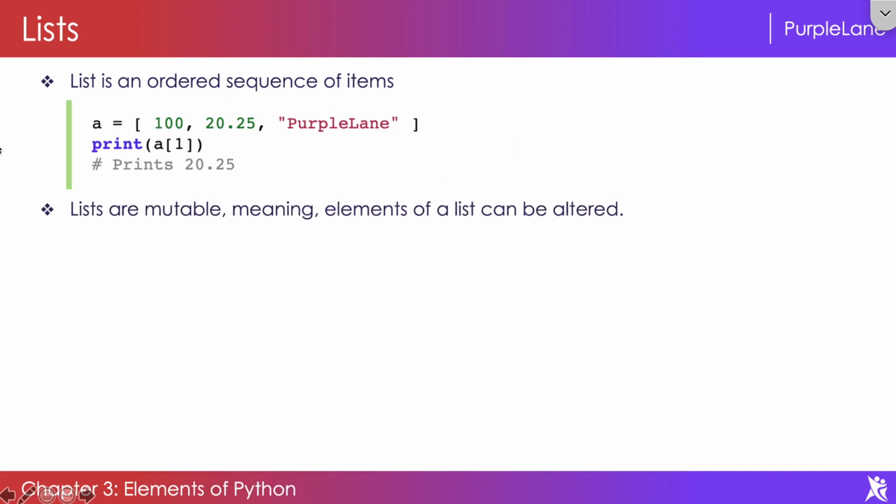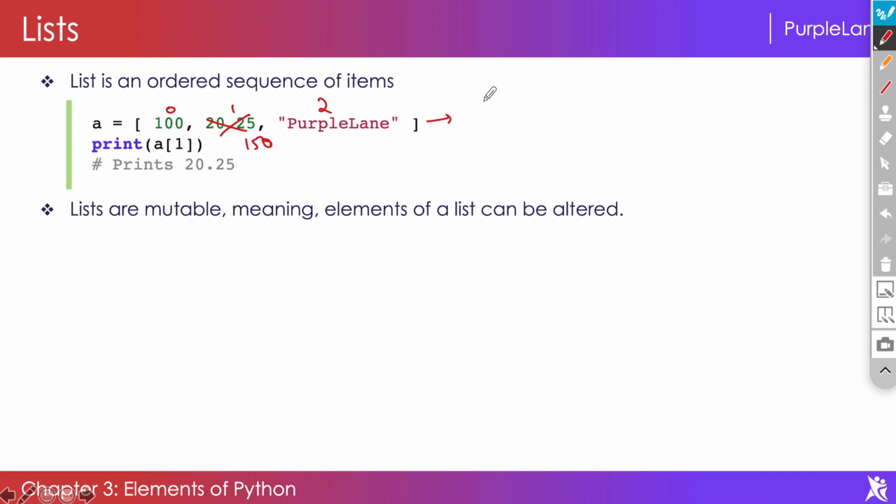Now you can also alter a particular element in the list. For example, let's say these are the indices 0, 1, 2 and I want to change the value at index 1 to 150. So I want to have 150 in this index. So finally the list should look like 100, 150 and PurpleLane.